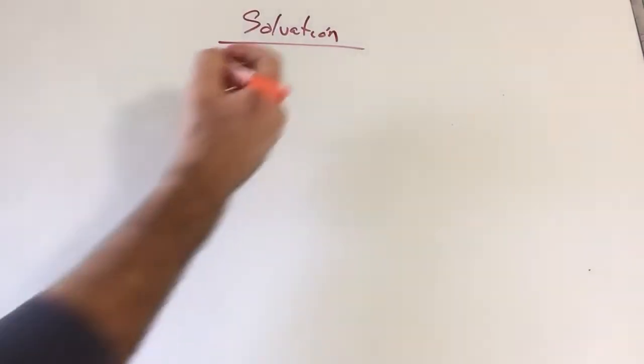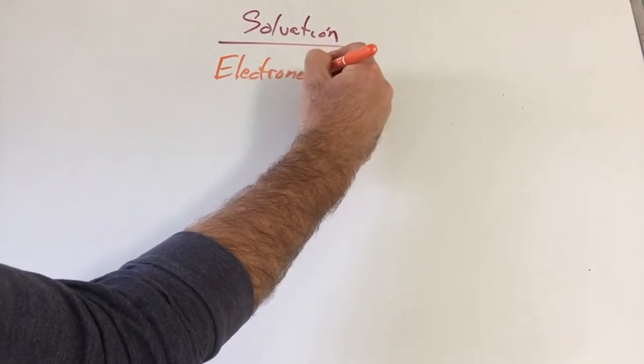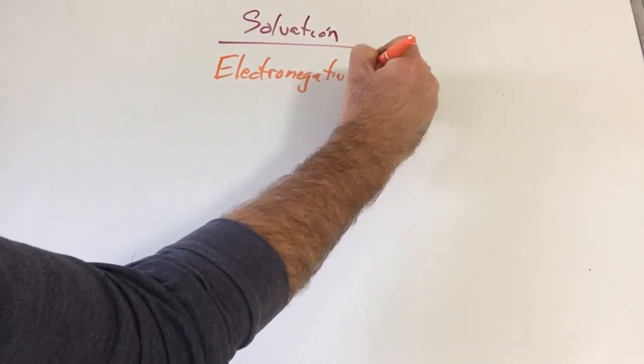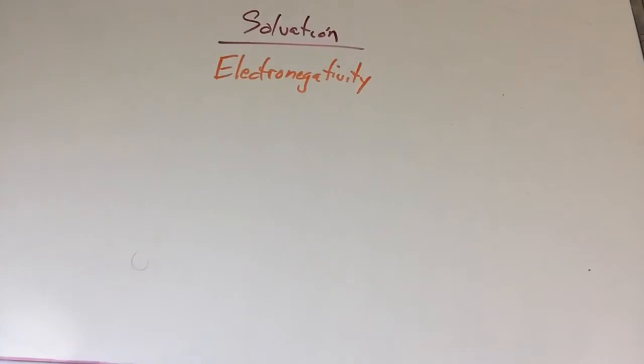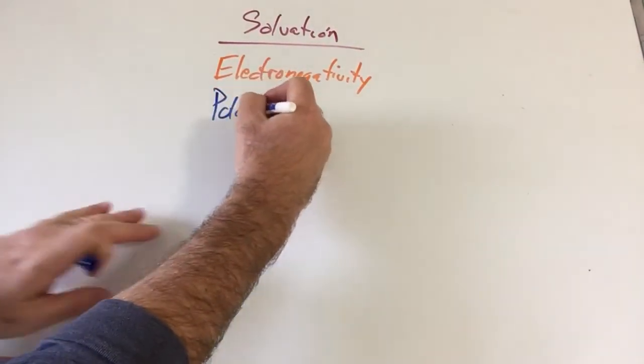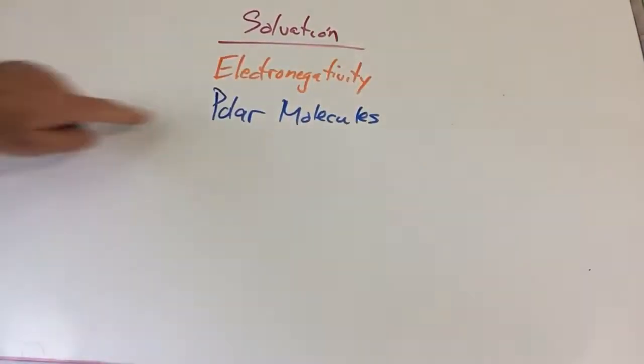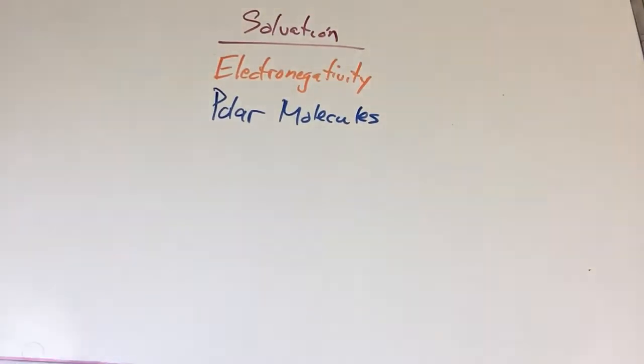One thing we're going to talk about is electronegativity, what that means and what differences in it cause, how that relates to things like chemical bonds, and more importantly, how that relates to things like polar molecules. Because polar molecules definitely play a huge role in dissolving or solvation.